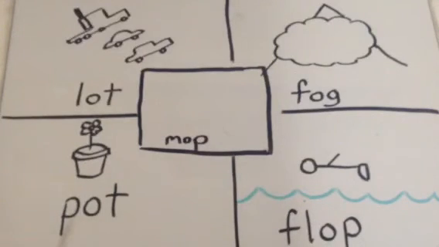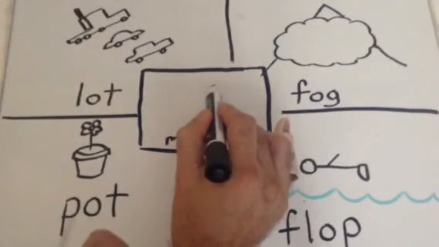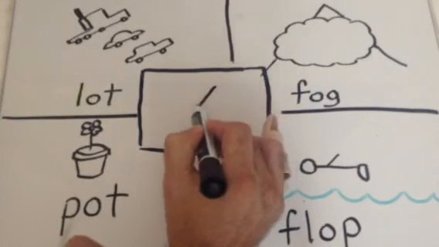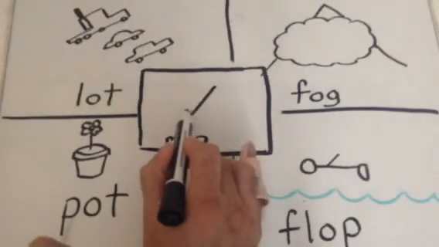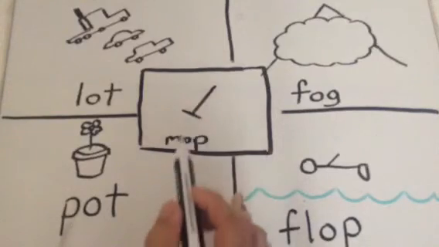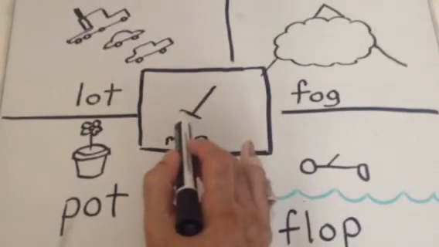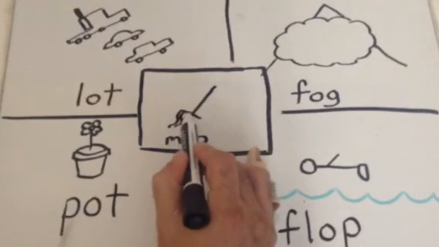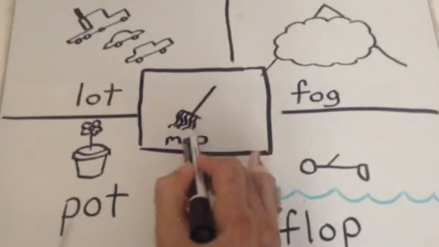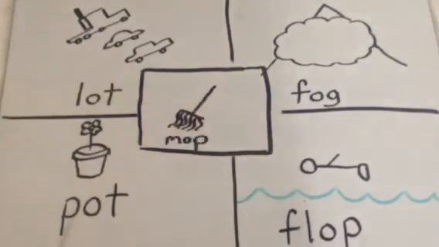Mop. So I'll put a mop. It's like it kind of got a broom handle. And then there's a line here at the end. And then it looks like it's like stringy hair or spaghetti. So you can make just little lines. And that is our mop.